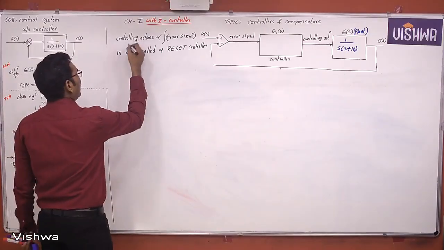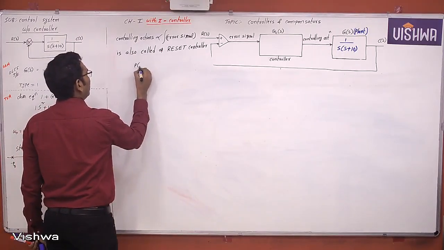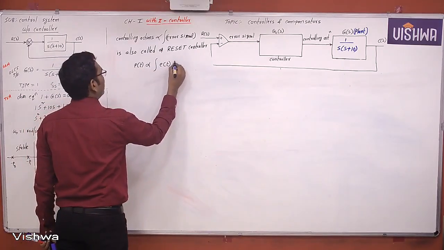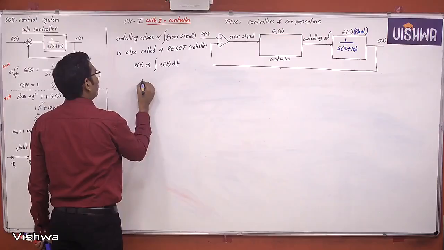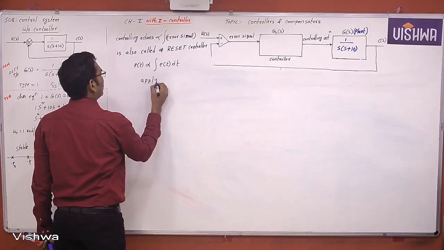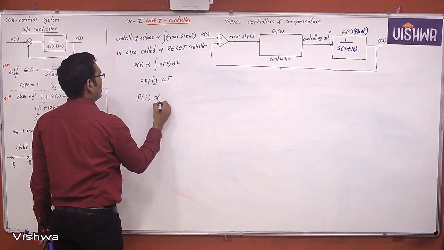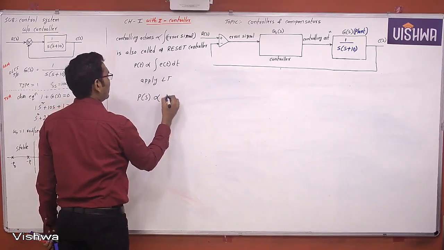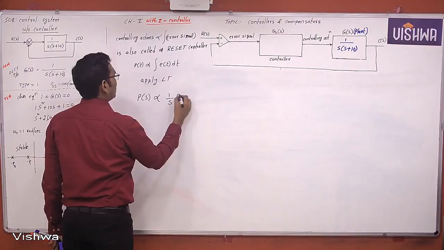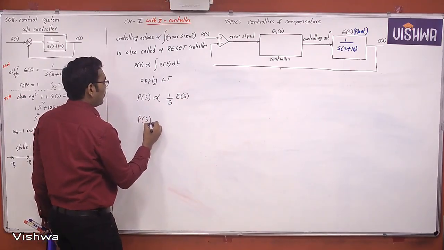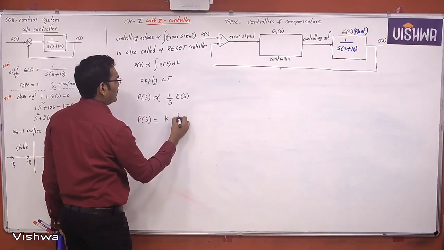Now the controlling action is represented by P of t, and the integral of the error signal is represented by E of t. Therefore, if you apply the Laplace transformation, what is the Laplace transformation of P of t? P of s. What is the Laplace transformation of integration? 1 by s. Laplace transformation of E of t is E of s. If I remove this proportionality, we put a constant.